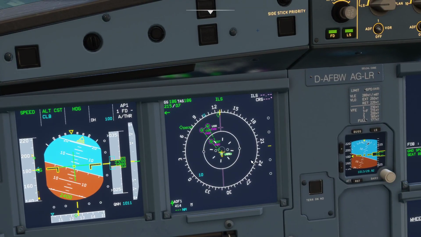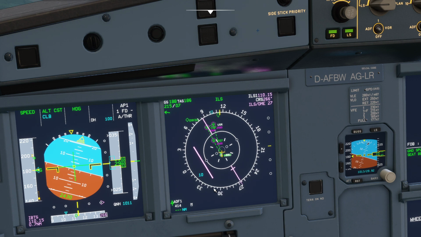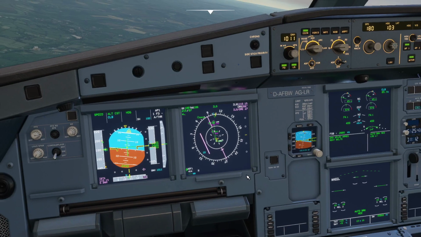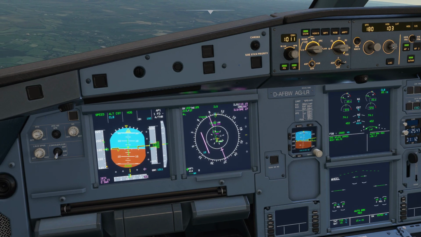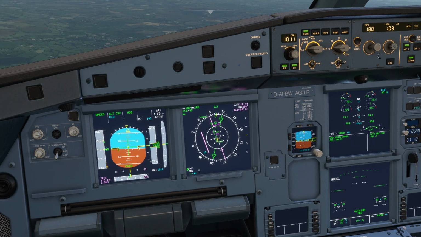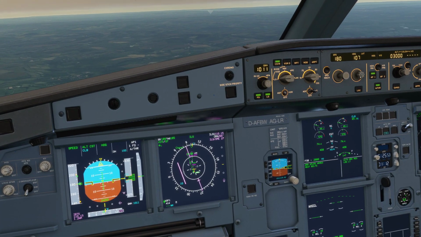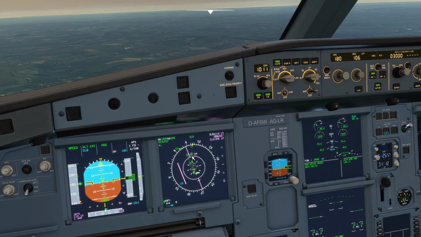So the second you overfly it, there's a little blip and then it changes, and it's showing now that we're in front of the NDB, flying away from it. So now we fly that 103 degrees. We might have to adjust the course for the wind. So 106 degrees, and that should keep us on that track.